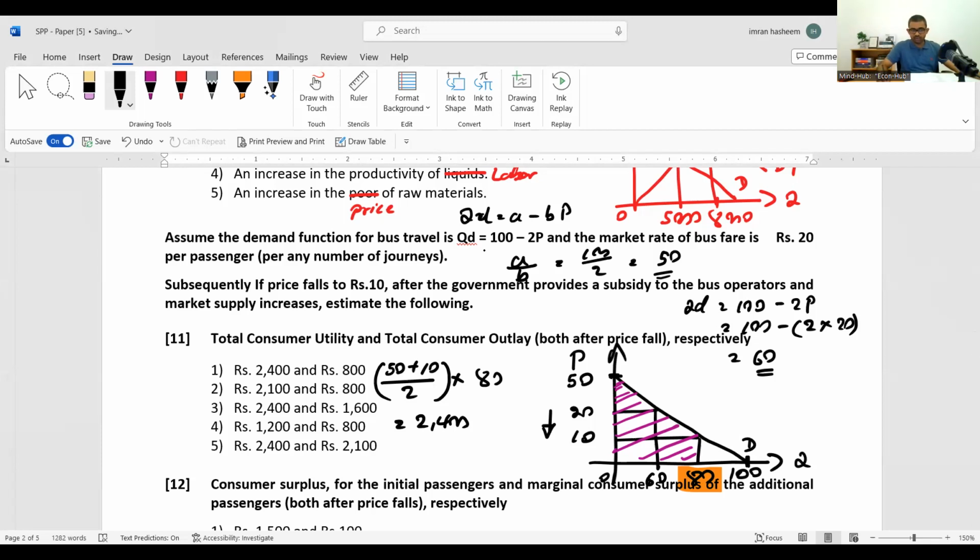How many answers give 2,400 first? Only 2 answers. So the other answers you can easily eliminate. Here what they are saying is number of passengers, not the number of rides.